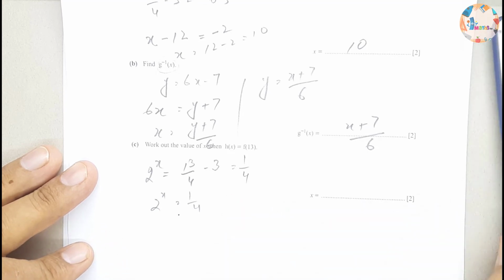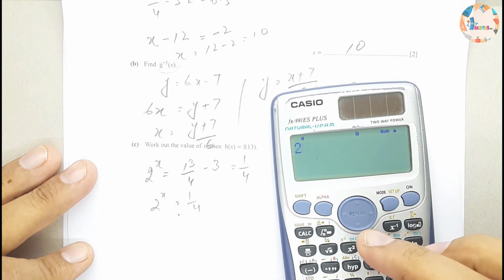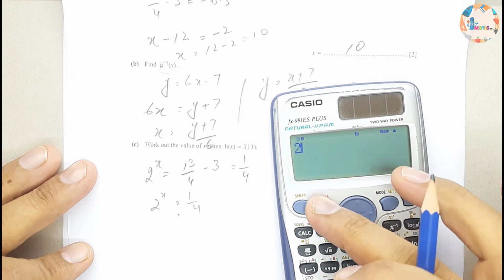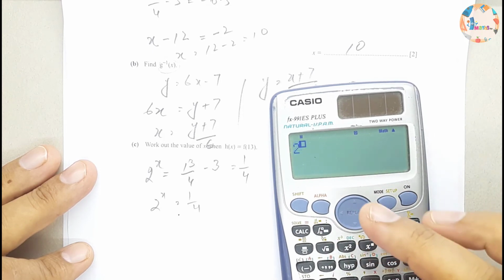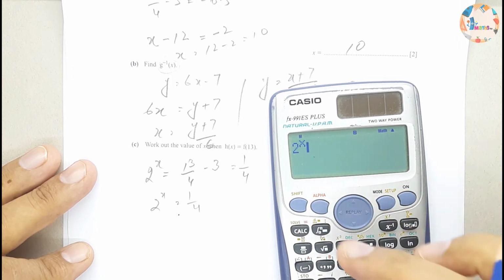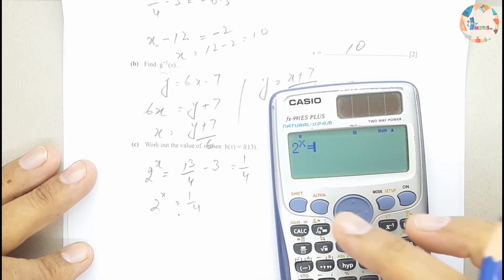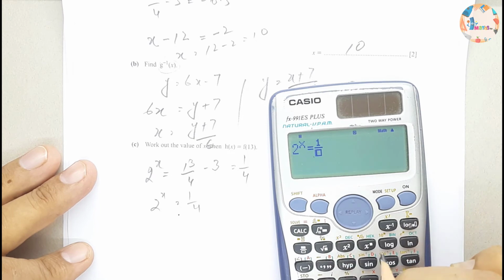So what we can do, we can use hit and trial method, or the easiest method which I'm always telling you is, 2 raised to the power alpha, this one basically, I forgot to put a power. So this one, alpha x. This one is equal to, you are not using that button, alpha equal to this one and equal to 1 over 4.